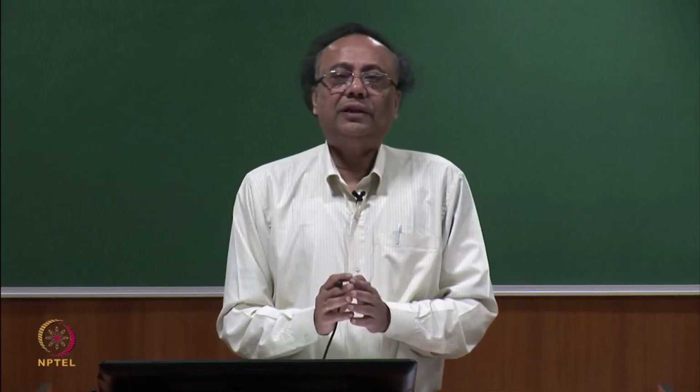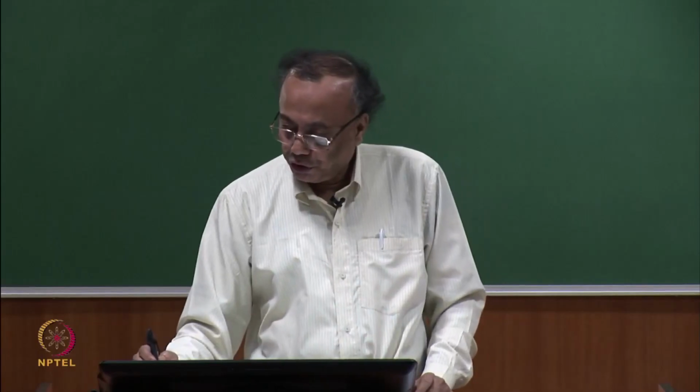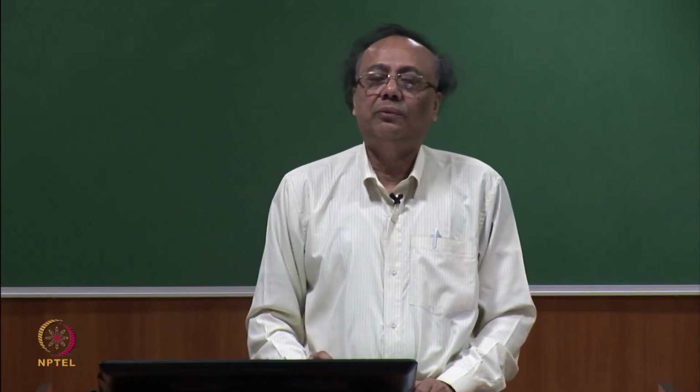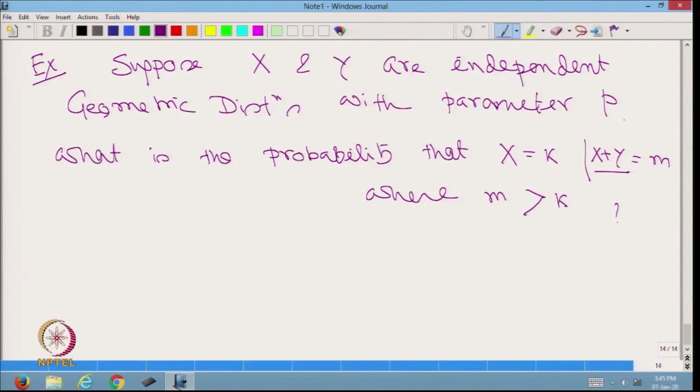So, we are given that the sum of two geometric random variables X and Y is m. Given that, what is the probability that X is equal to k?